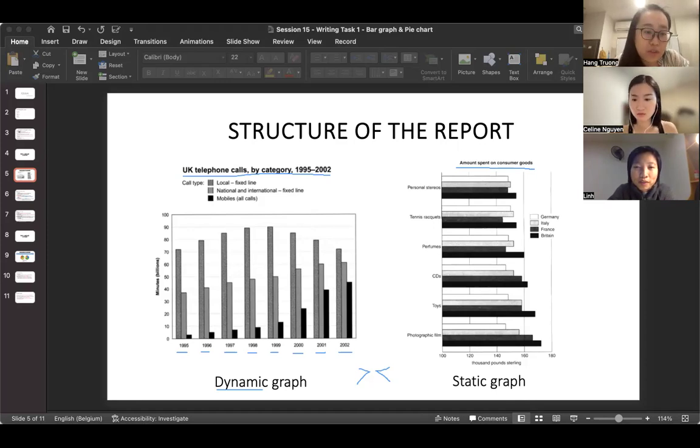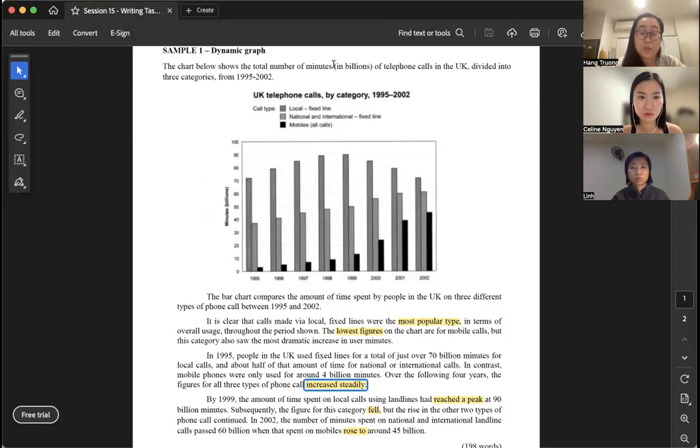Okay, please open the file. Yeah, got it. On the first page you have sample 1, and on the second page you have sample 2. So let's discuss with each other. I'm also going to share the screen with you so that you can discuss.